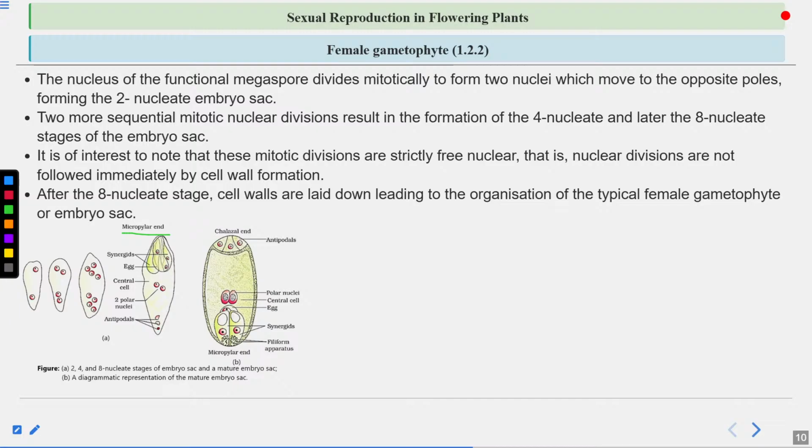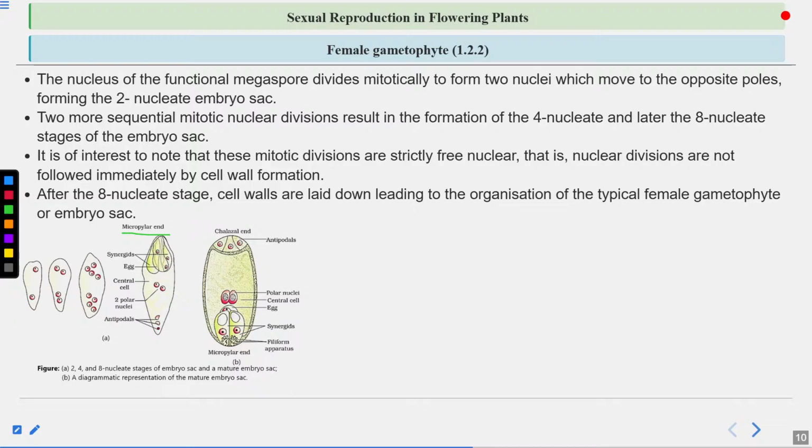What is the significance of the egg? First point. It participates in the fertilization process. Very good. It forms the zygote, and the zygote leads to the formation of the embryo.